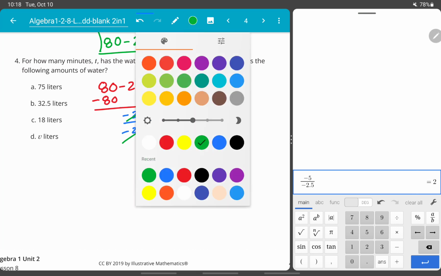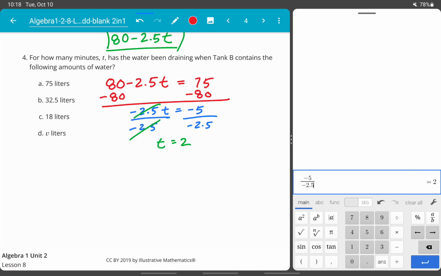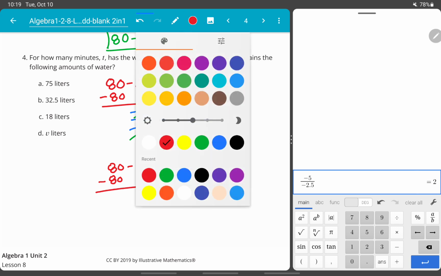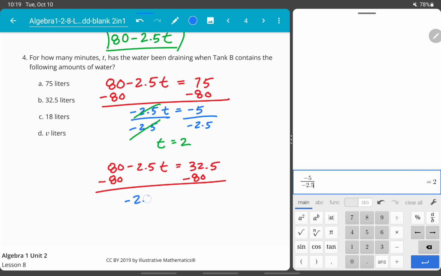Okay, so now let's try part B. We're going to do the same thing. Let's do 80 minus 2.5 T, but this time instead of having 75 liters, we want 32.5. So let's subtract 80 from both sides. And then we'll get negative 2.5 T equals, and then let's do 32.5 minus 80 to get negative 47.5.